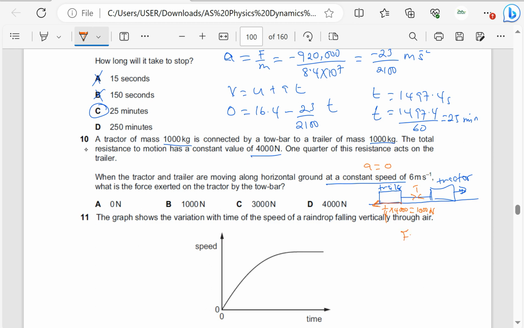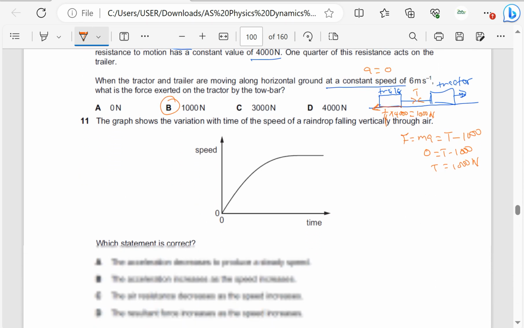So the resultant force F, which is mass times acceleration, since it is moving forward, is T minus the resistive force, which is 1,000. At constant velocity, looking at the trailer alone, acceleration is 0, so 0 is equal to T minus 1,000. The question wanted us to find the force exerted on the tractor by the tow bar, so that is the tension. So the tension is going to be 1,000 newtons. So the answer here is going to be B.